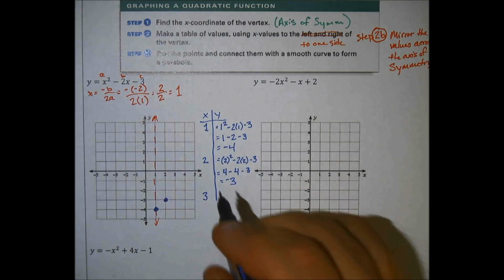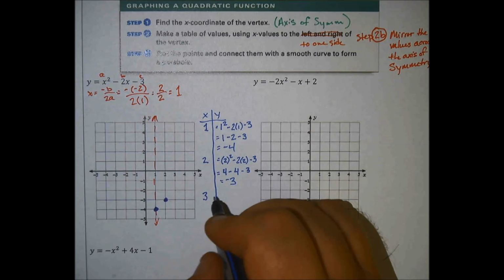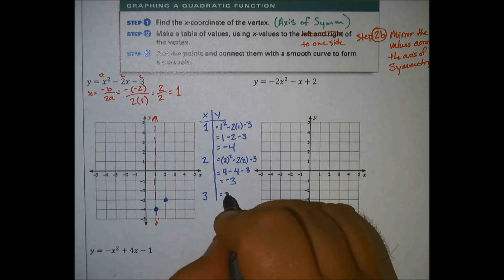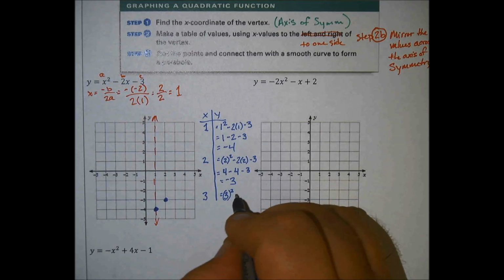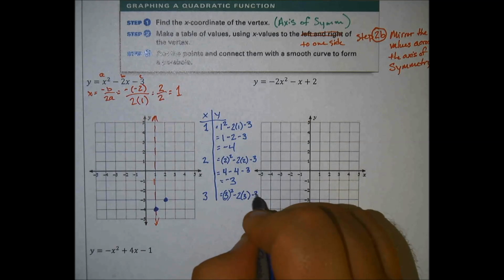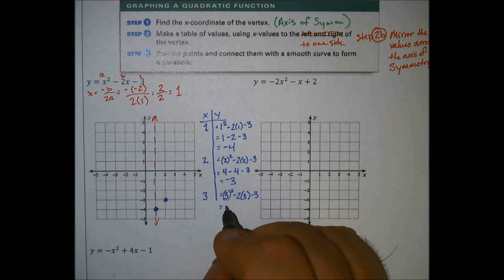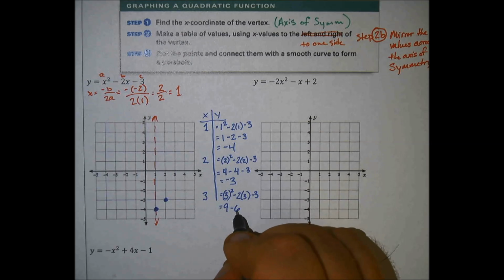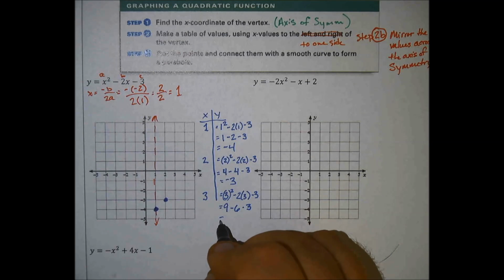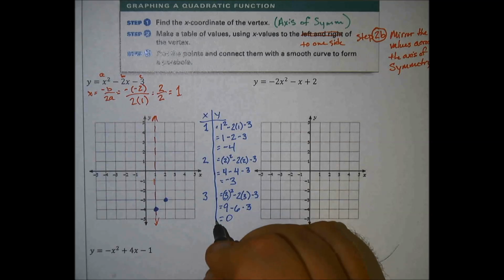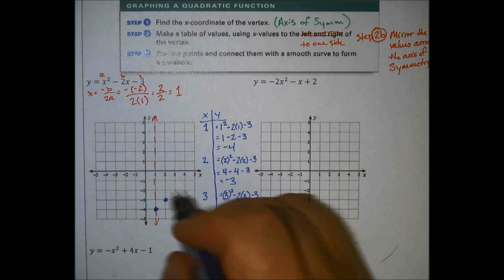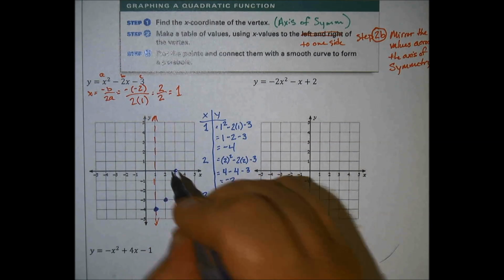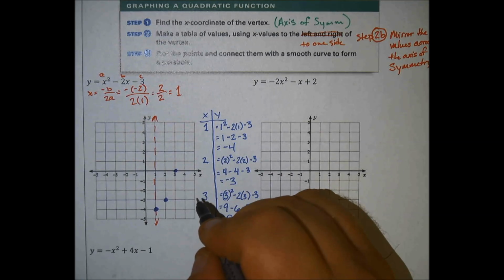And then we'll see what happens at 3. So I get 3 squared minus 2 times 3 minus 3. 3 squared is 9. 2 times 3 is 6. And minus 3, we get 0 out of that. All right, so at 3 it's 0.